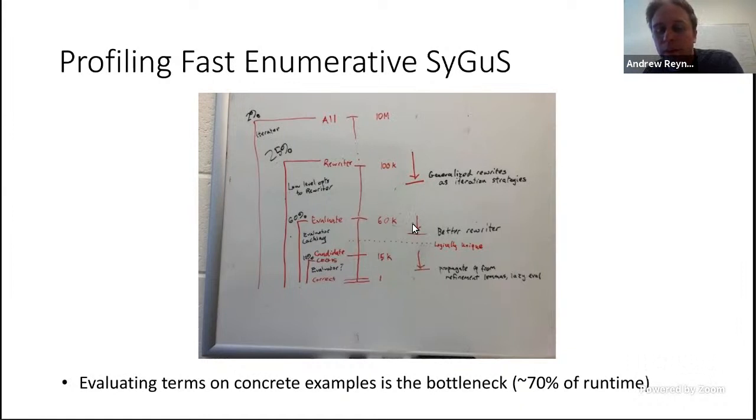That's essentially what this line is, if you can see my pointer. I'm trying to push down the number of terms I evaluate, but if your rewriter is perfect, there are still so many logically unique terms.